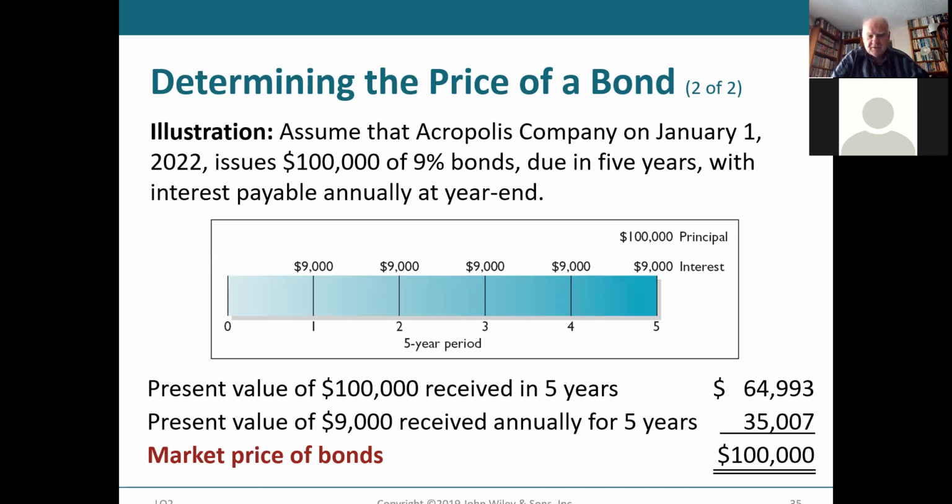We have to get the present value of an annuity of $9,000 a year for 5 years, which equals $35,007. On the next bunch of slides, they better explain what present value is all about. So this bond is going out at a face value of $100,000. That's what we're offering.